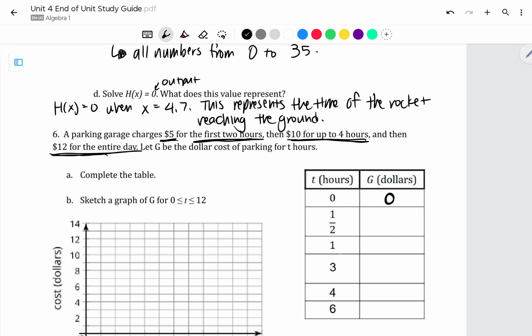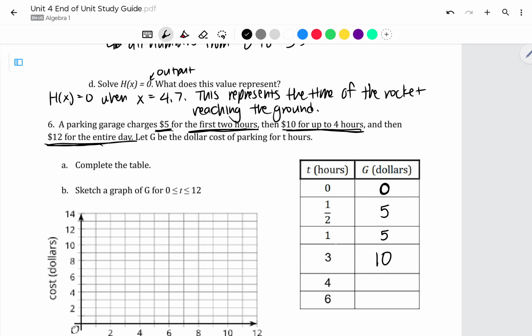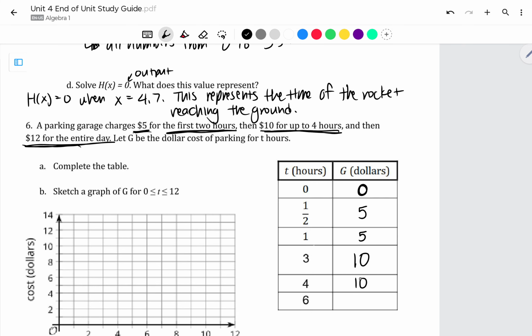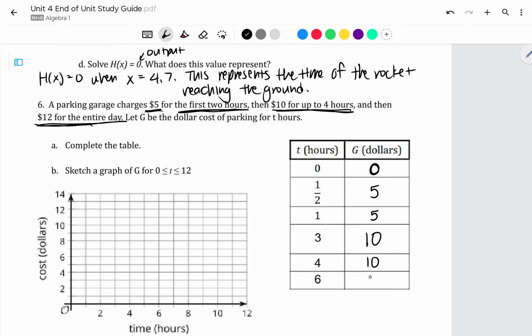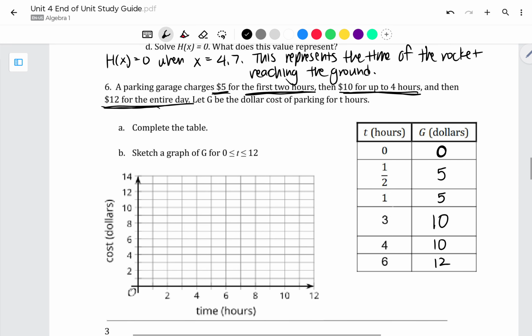At half an hour, it's going to charge you $5. At 1 hour, $5. At 3 hours, after the first 2 hours, it's not $5 anymore, it's going to be $10. At 4 hours, it says $10 for up to 4 hours, and anything past that would be $12, so at 4 that's still $10. At 6 is past that, so that's 12. So I completed the table.